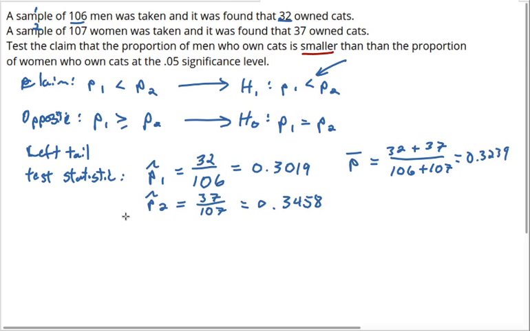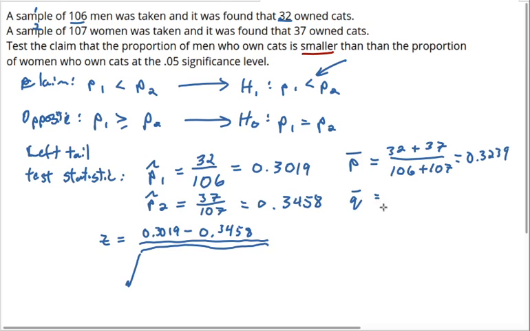Okay, now that we have that, I can actually plug these into my test statistic formula. And that is, I'm going to subtract P1 hat minus P2 hat. So that'll be 0.3019 minus 0.3458 divided by the square root of, and now I'm going to use my P bar, and I should go ahead and calculate Q bar while we're at it.